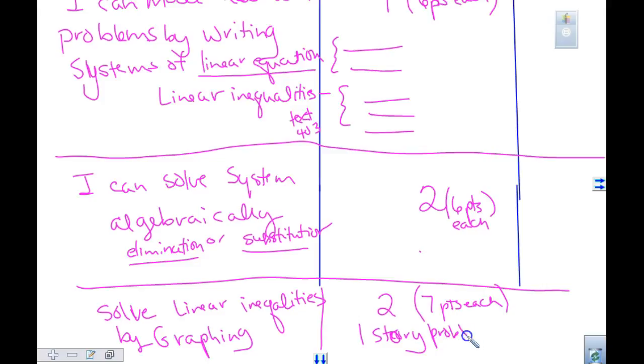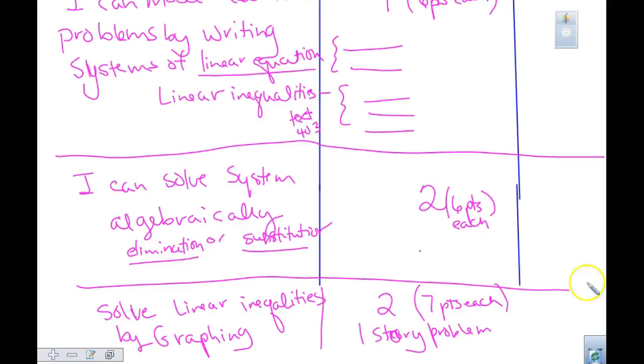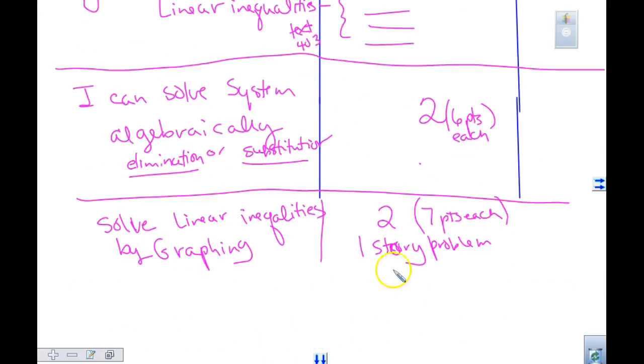The other one is, if I was looking at today's worksheet, kind of like those first few problems, where I just give you the equations and say, graph it. I say something like, y is less than this, and 2x minus 3y is greater than or equal to something like that.